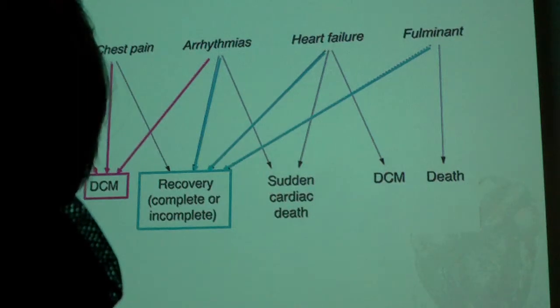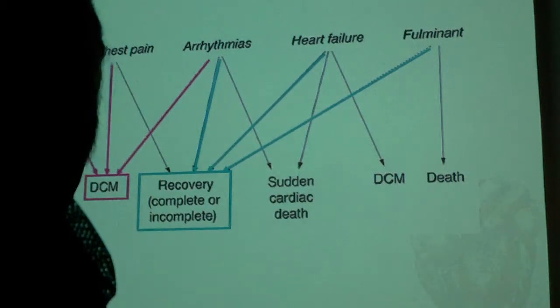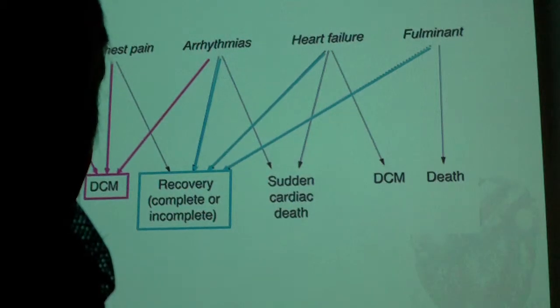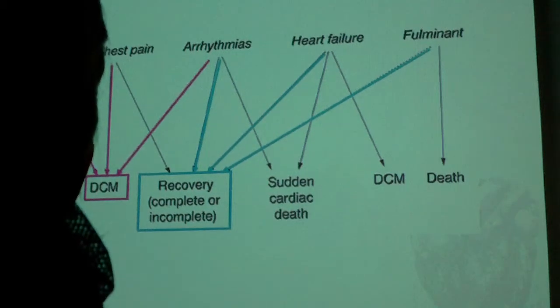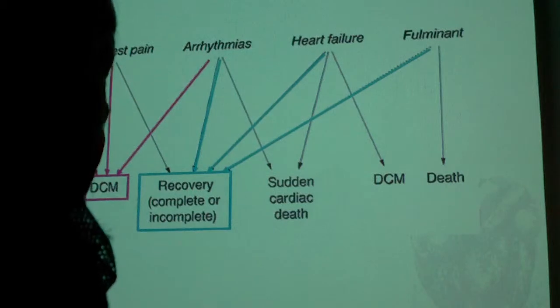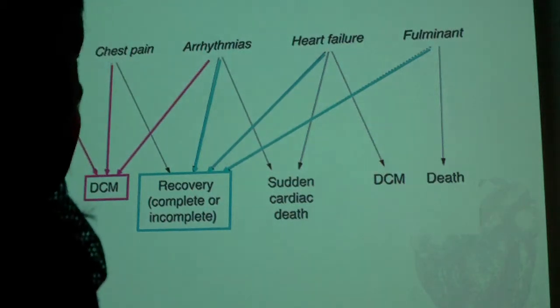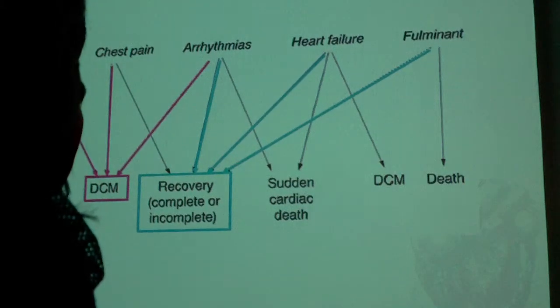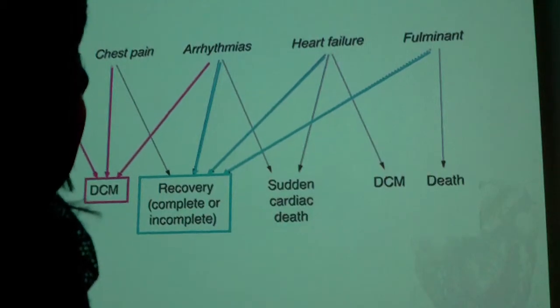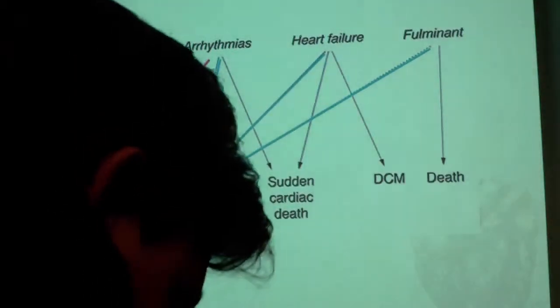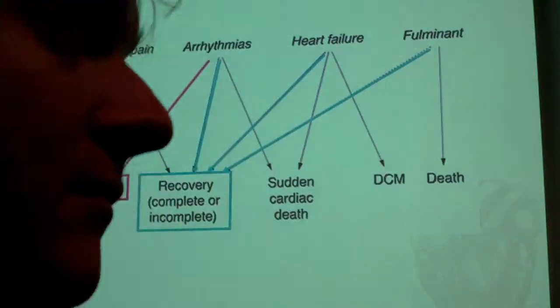They may be asymptomatic and recover completely. We don't see those patients. These are the patients that go to a general practitioner and stay home. Or they may come to us in a later stage where they already have heart failure. Or they come to us in the early stage where they have palpitations or chest pains and they may recover completely, or patients may die.